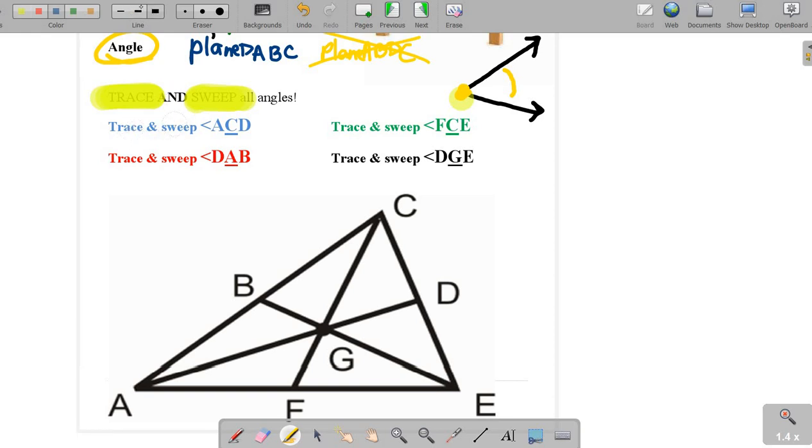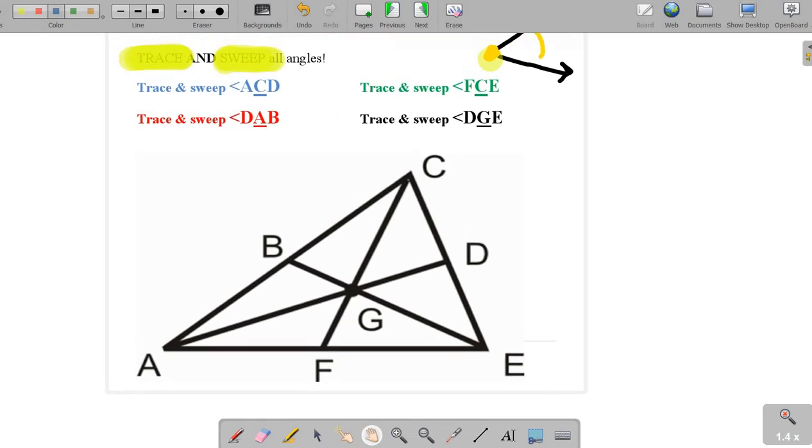We're going to trace and sweep angle ACD. Remember dot to dot as a kid? We're literally going to go dot to dot in that exact order. A, C, D. Watch. Start at A, go to C, go to D, trace, and sweep. So angle ACD refers to this angle right there.